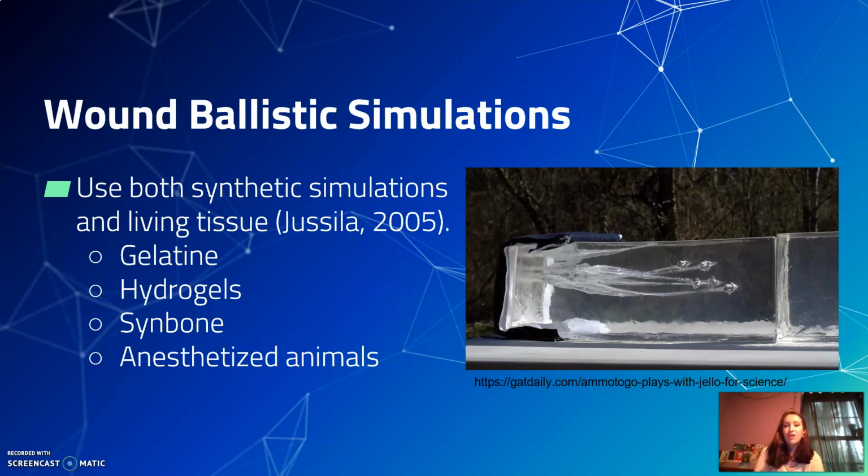Skin simulations are not very common, but they will usually use pig skin. For bone simulations, usually artificial bone is popular, which is the Sawbones. That is a particular brand of artificial bone that's very popular among researchers. And Sawbones is also what they will commonly use for skull simulations.